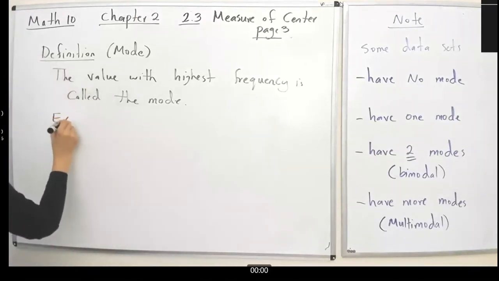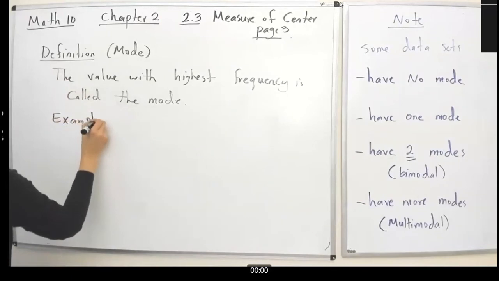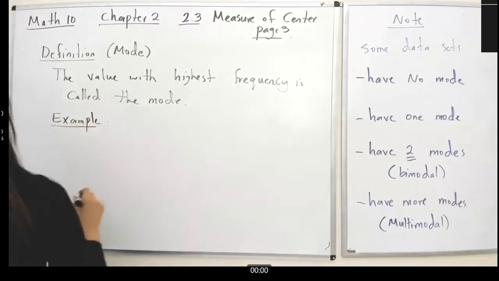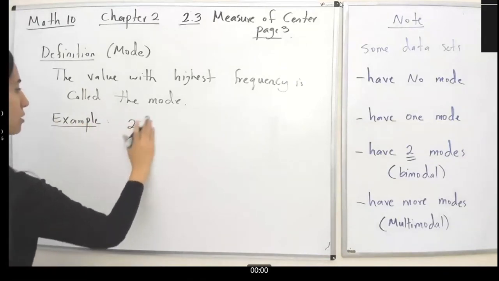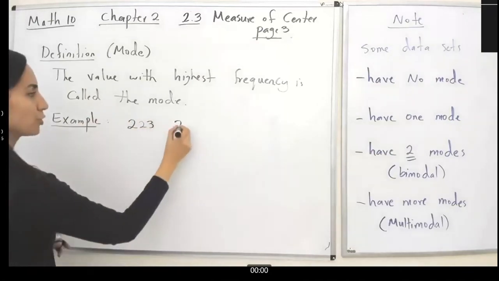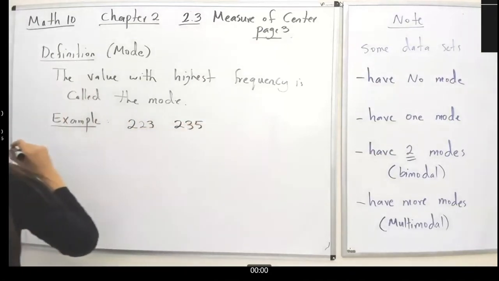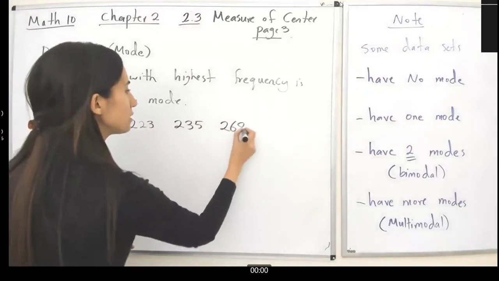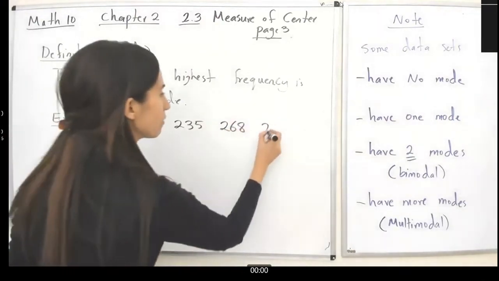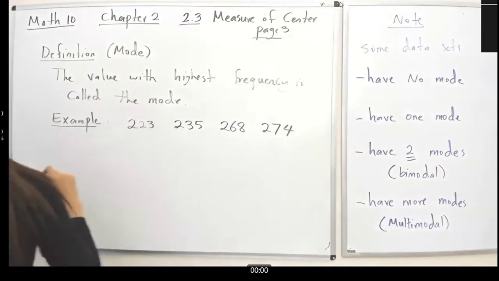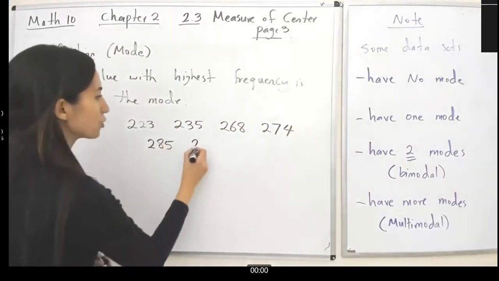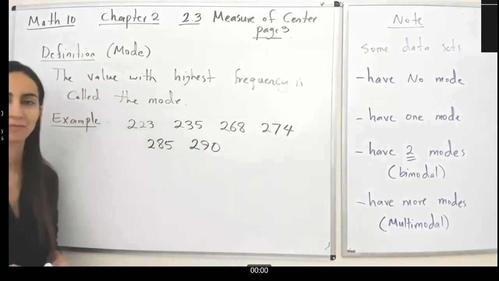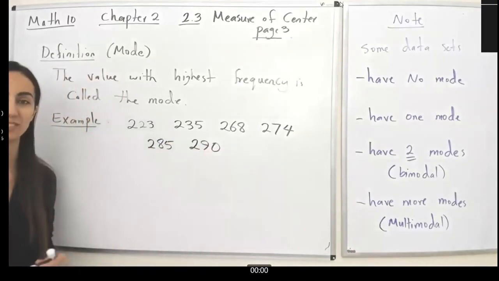Now, example in page 3. We have the following. Find the mode of the following data set: 223, 235, 268, 274, 285, and 290. What is the mode?